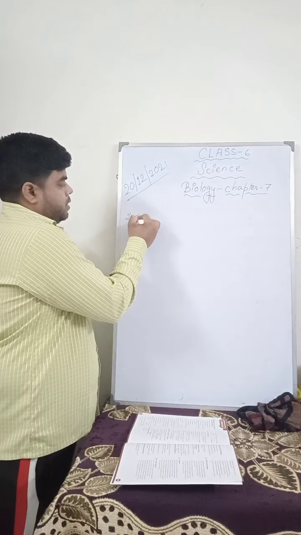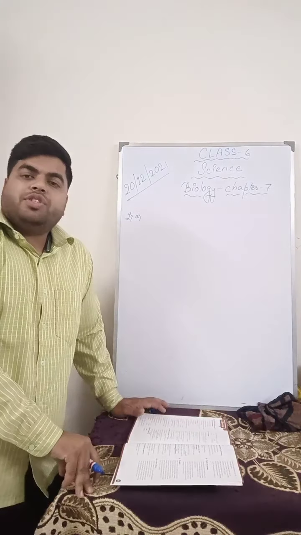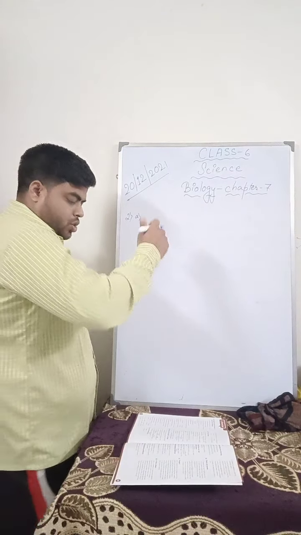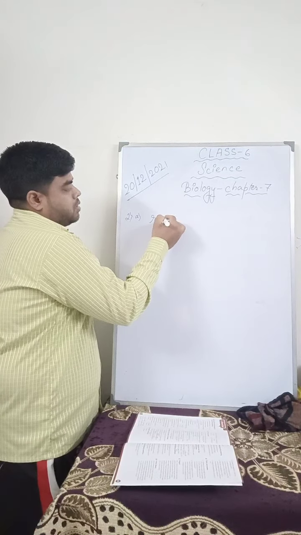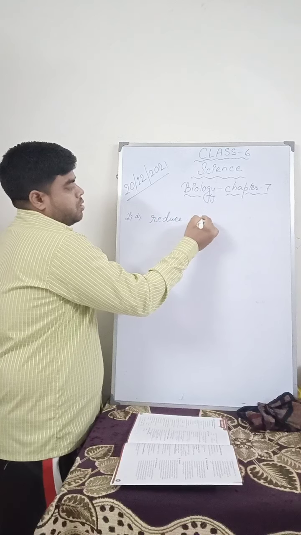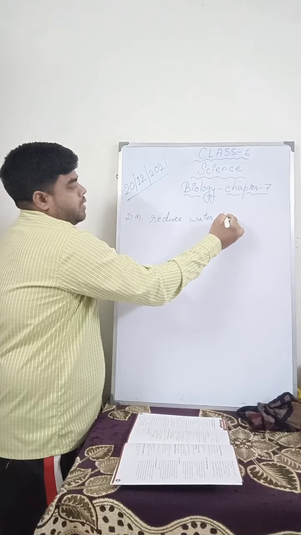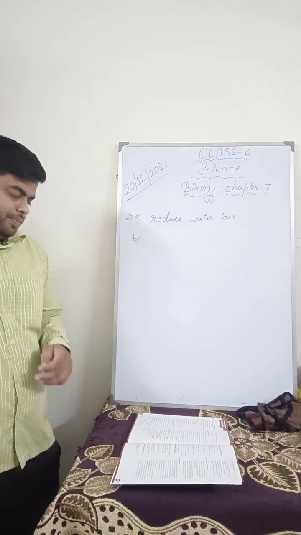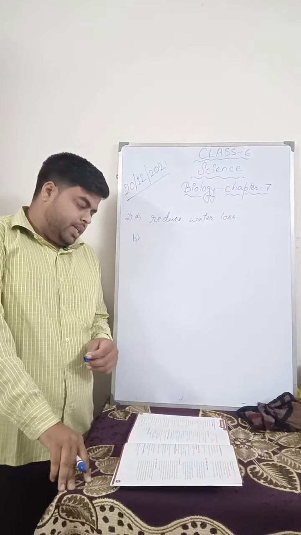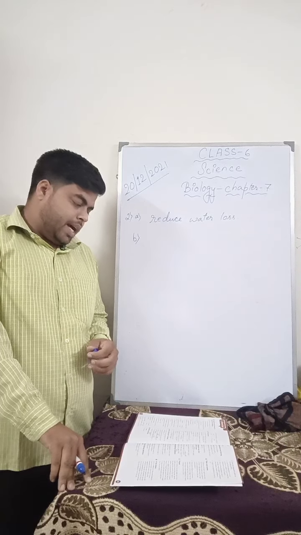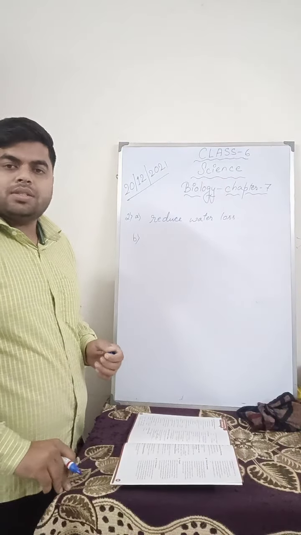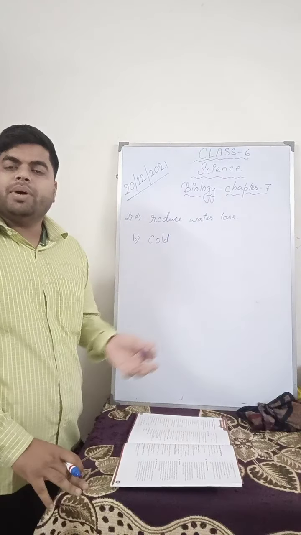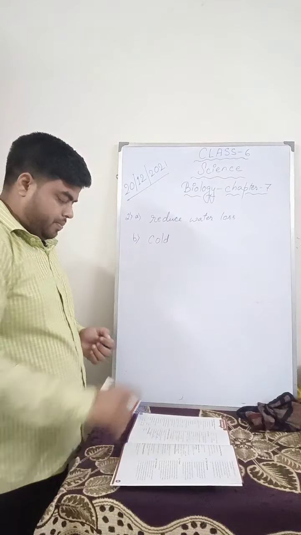A. The function of spines in desert plants is to reduce water loss. Number B. Animals living in mountainous regions are adapted to live in cold climate, because the climate in the mountains is cold.